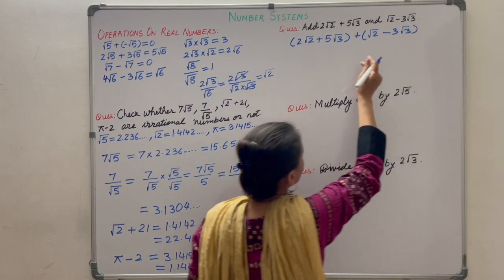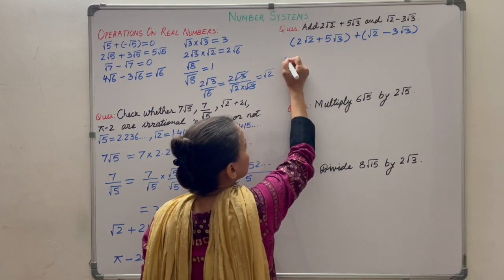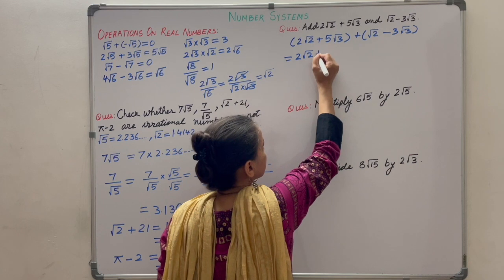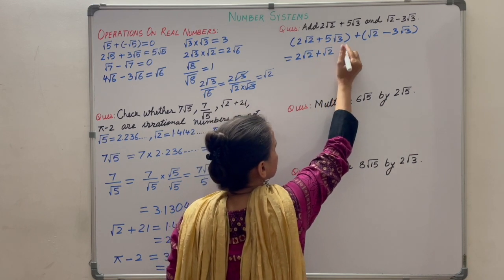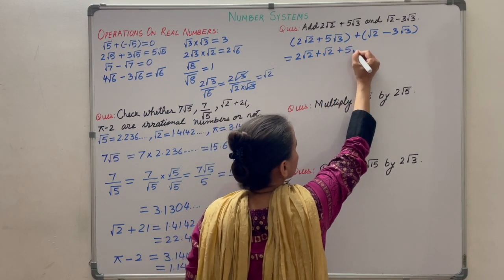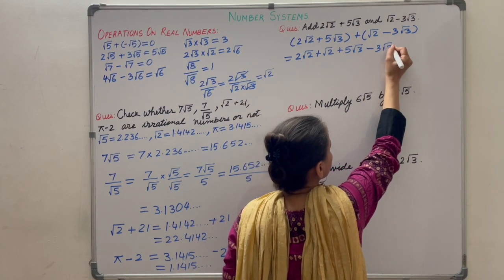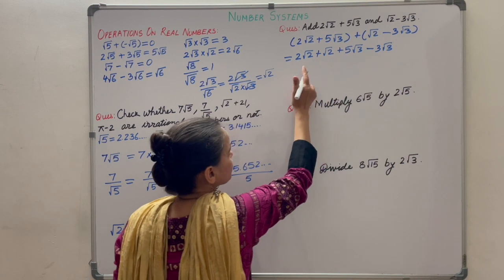What we are going to do is regroup them. So 2 root 2 and this root 2 I am writing here, plus 5 root 3 and then minus 3 root 3. So here you can take root 2 common.